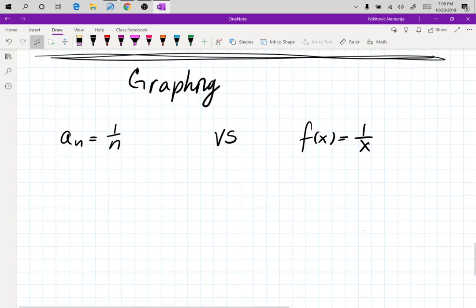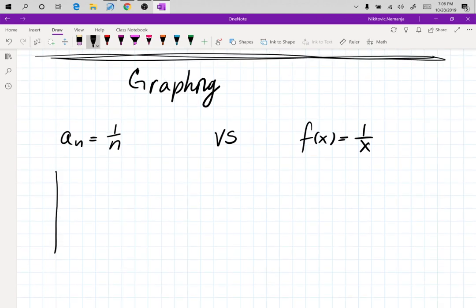And I'm going to carefully, now we know that we have to start counting in this case at 1. So what I'm going to do is say 1, 2, 3, 4, and then 1 and 2. That's my n axis, where I have counting numbers.